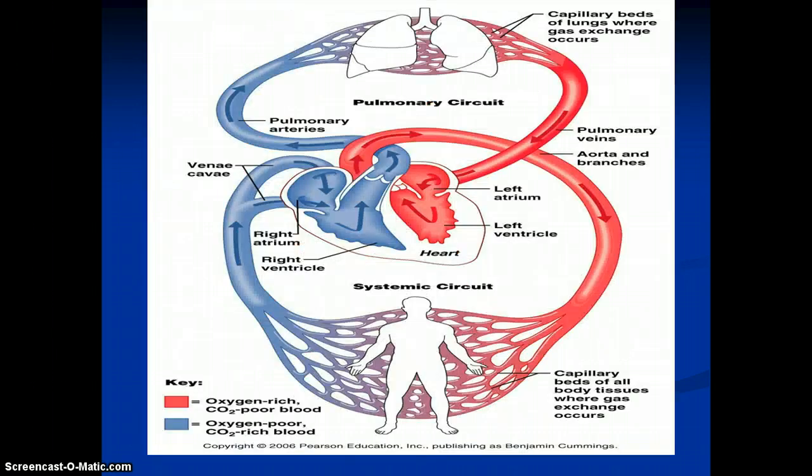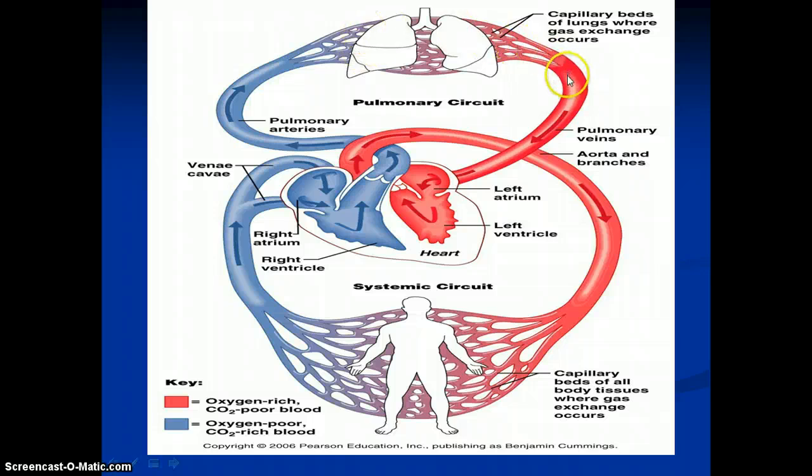Here's a picture of a pulmonary and systemic circuit to kind of better explain the pathway of blood. You start with the vena cava entering the heart in the right atrium, going to the right ventricle. This is all with oxygen-poor or CO2-rich blood. It enters the pulmonary artery and goes to the lungs, where through the capillary beds, oxygen exchange occurs.